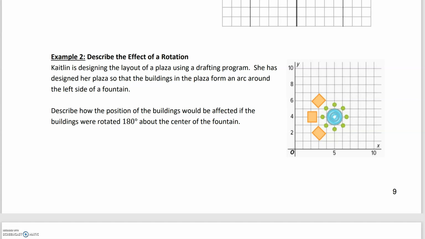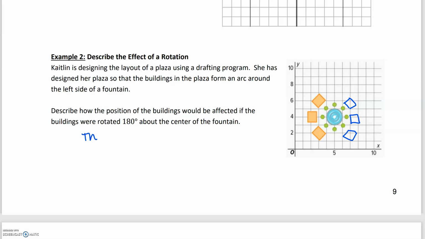This one just says, what is the position of those buildings if it were rotated 180 degrees? So it would move it kind of over on this side.